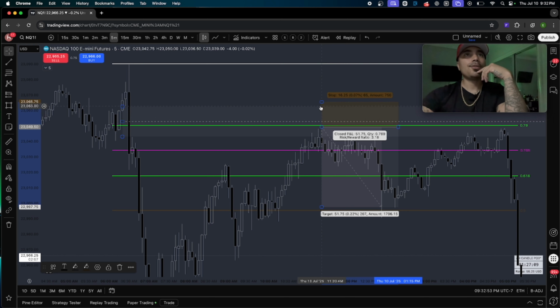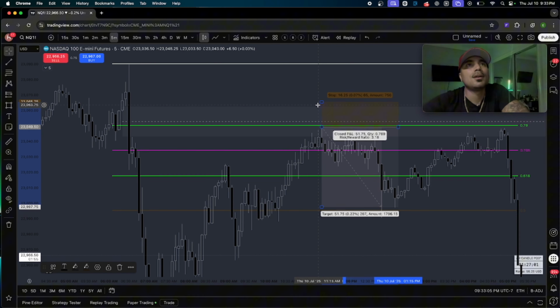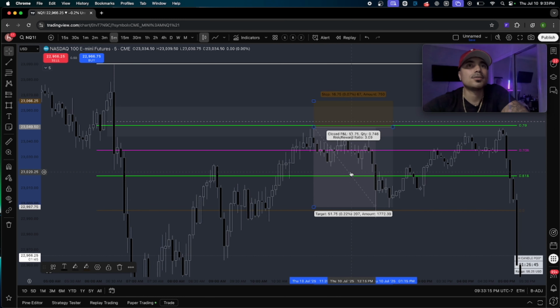Now it can fill the fair value gap and still dump, because it just wants to fill that imbalance, because that's what a fair value gap is. It's a price imbalance. So price can fill this up and then still reject. But if it clears it and keeps pushing upwards, just close the trade.